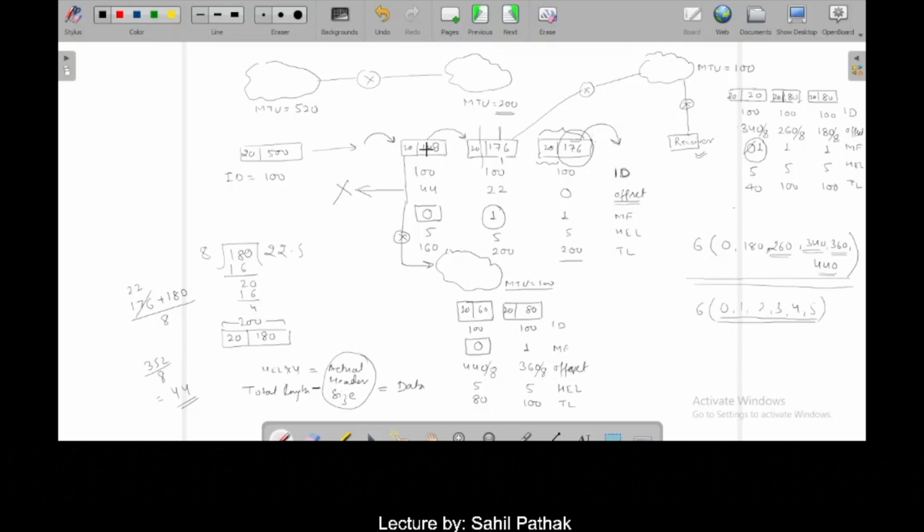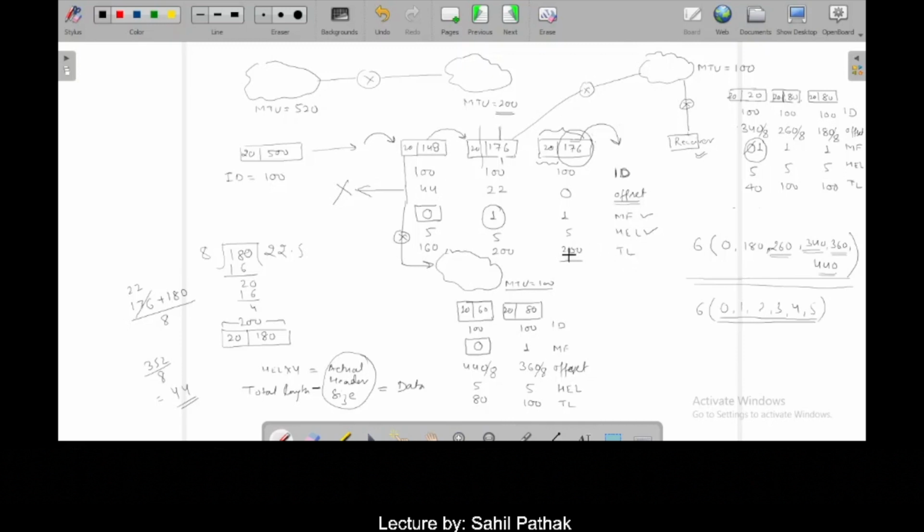Now we have seen this, but before looking over here, we have to see what other fields are going to change. The MF field is not going to change, it will remain the same. The header length field will remain the same because the header size is the same.